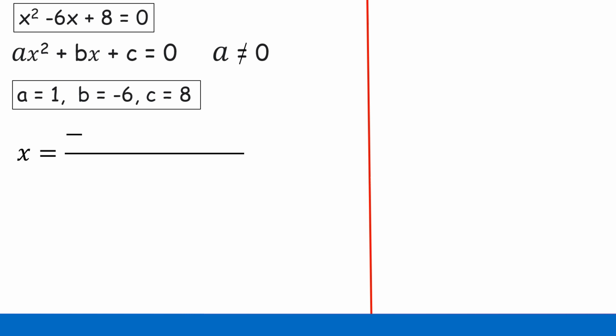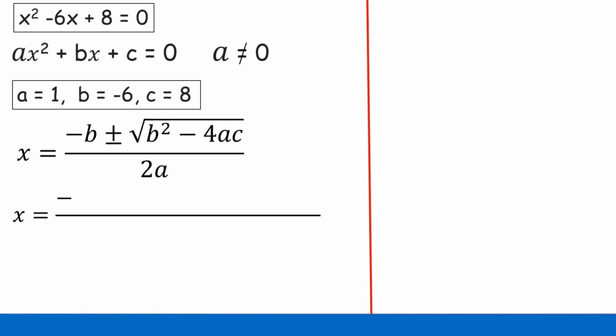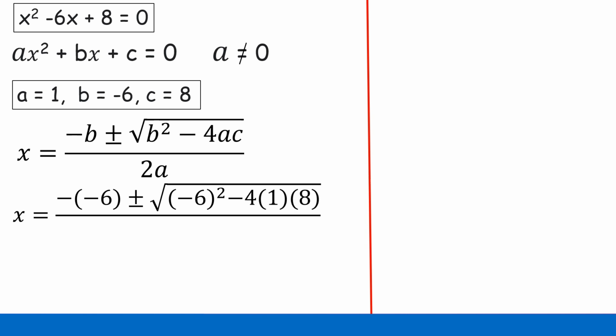So what we will simply do is apply the quadratic formula which we have derived, and input the relevant constants into this formula. So we have minus b, which is now minus 6, plus or minus square root of b squared. b is minus 6, so it's minus 6 squared, minus 4ac. a is 1 and c is 8, all over 2a.